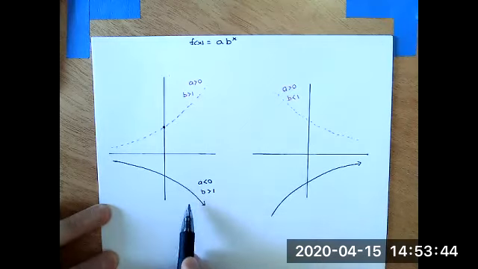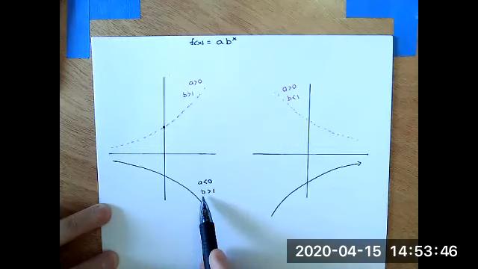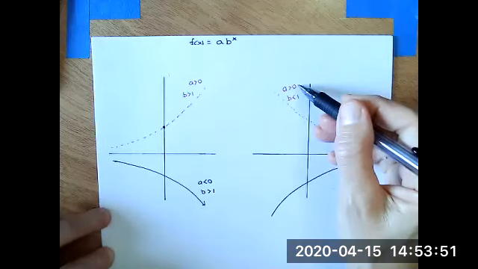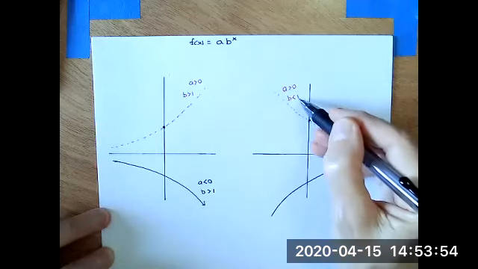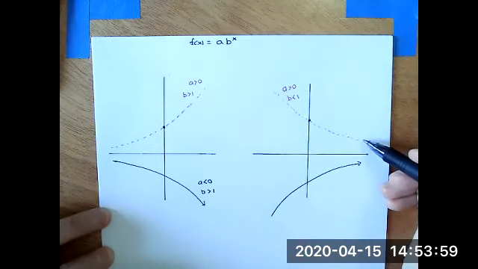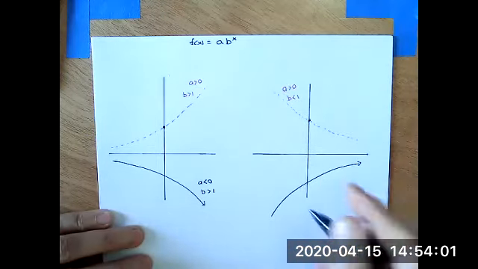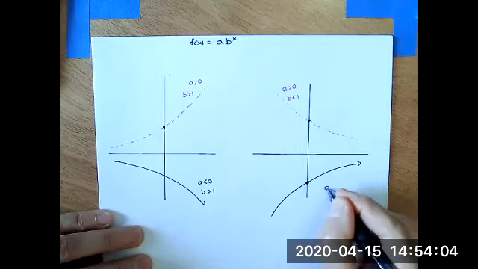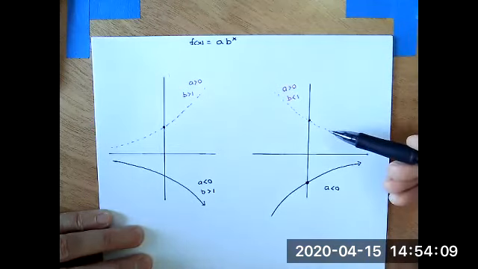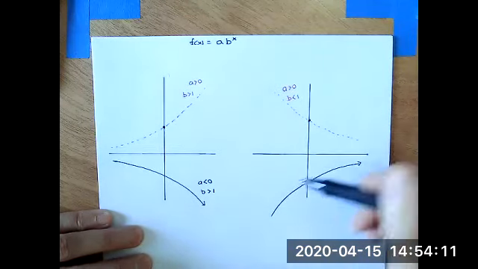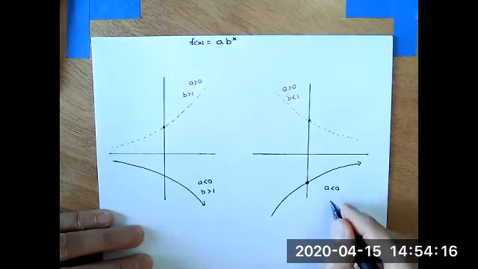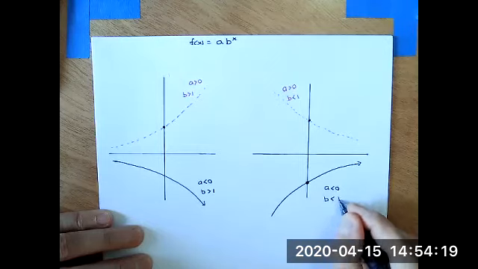So this is the graph if a is negative, but b is greater than 1. If a is positive and b is less than 1, this would be your function. If you multiplied a by -1, you would reflect the graph over the x-axis. So this graph is what you get if a is negative and b is less than 1.